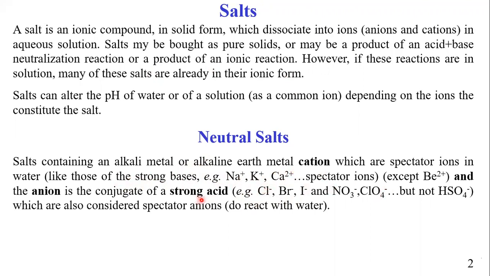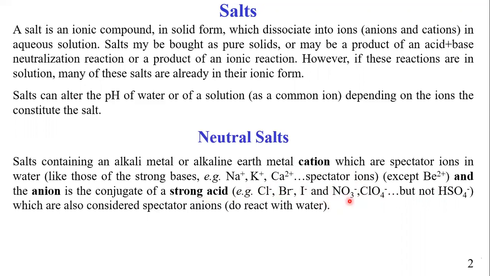And the anions which are spectators are the conjugates of the strong acids, such as Cl-, Br-, NO3-, ClO4-, but not H2SO4. And this is pretty much why I got you to memorize the strong acids, knowing that you're going to really need them when you get to the salts.